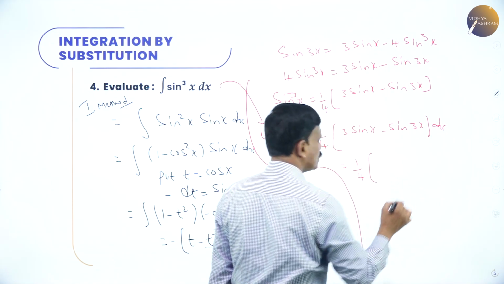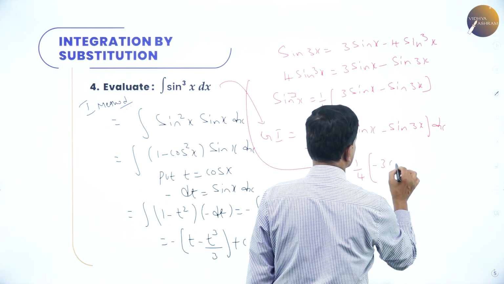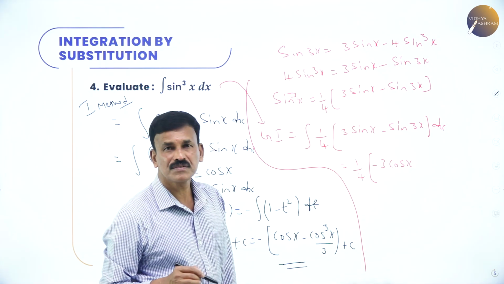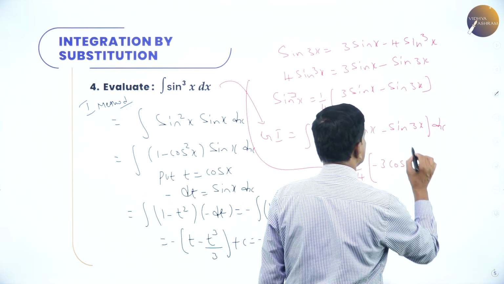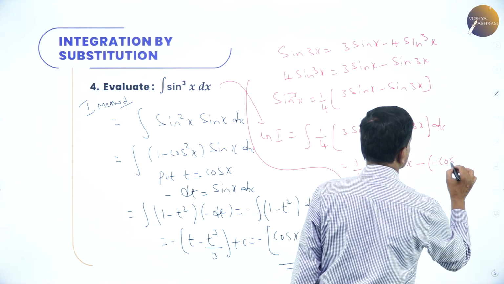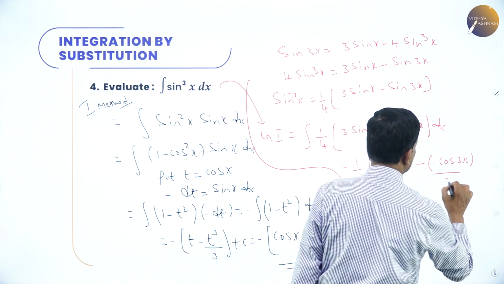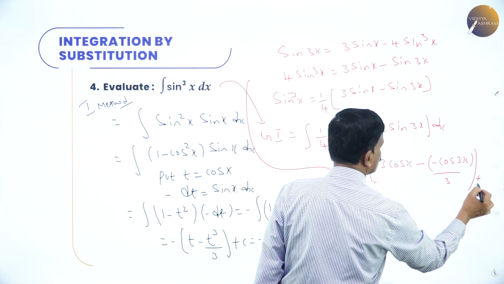1 over 4 out. Integration of sin x is minus cos x, so minus 3 cos x, minus integration of sin 3x, which is minus cos 3x divided by 3, plus c.